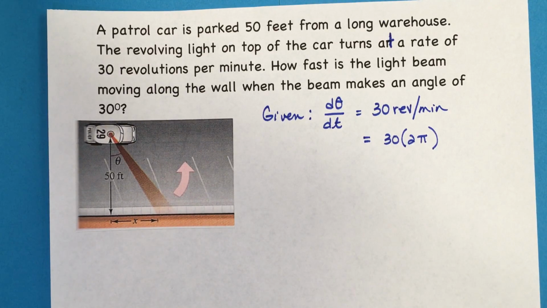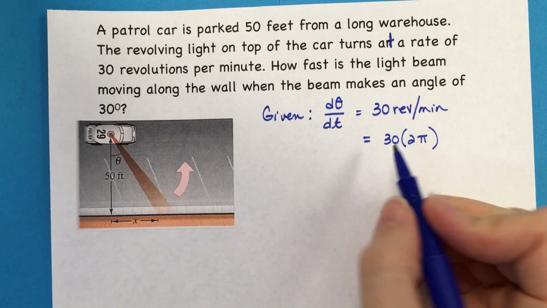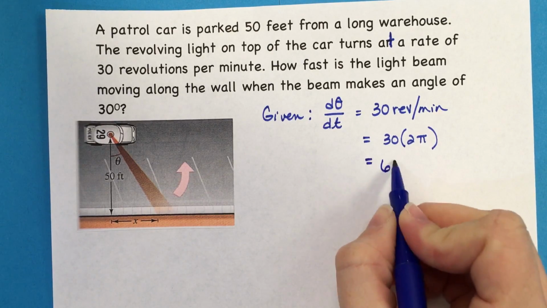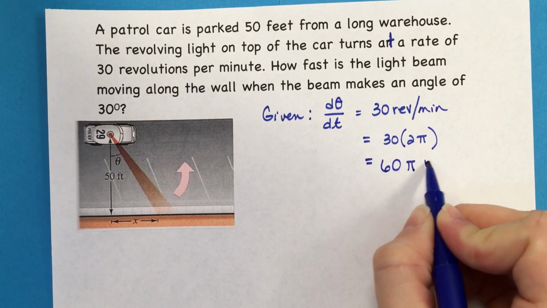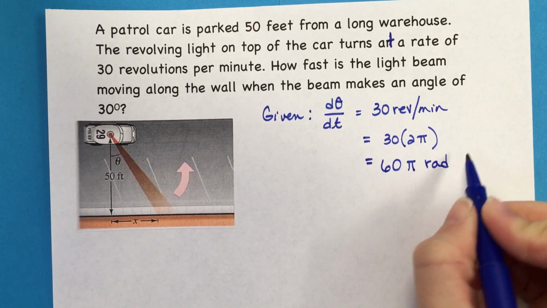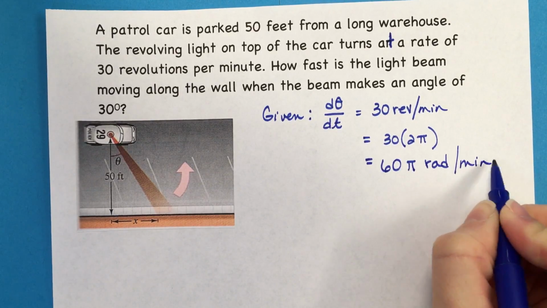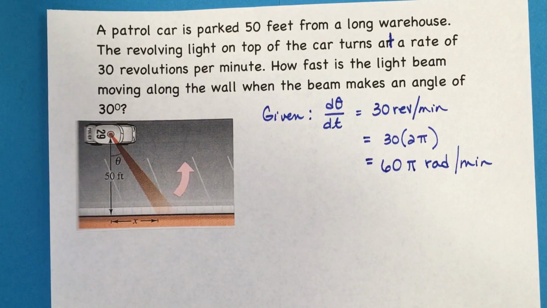So 1 revolution is the same as 2 pi radians, just around a circle. So if you've got 30 revolutions, you need to do 30 times the 2 pi radians. So what we're going to end up using when we're substituting our values in is going to be 60 pi, and that's now in radians per minute.